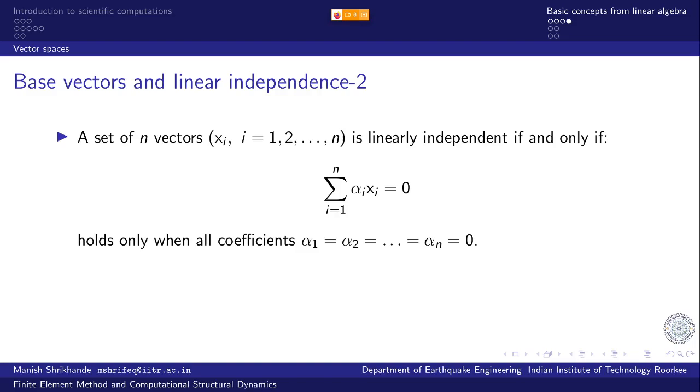That is the only time when this linear summation would be 0. If that does not hold, then the set of vectors is not linearly independent.